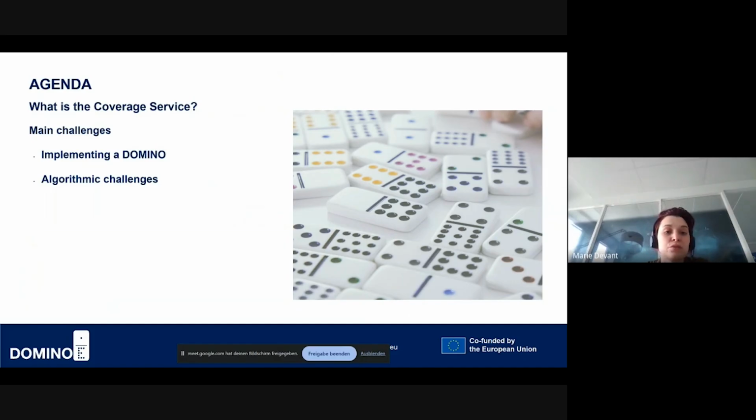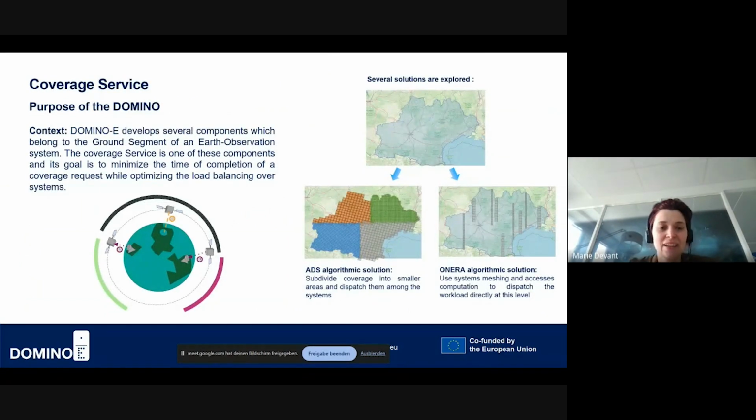So we are going to introduce you to the coverage service application and explain what the main challenges were during the development of the application, but also during the algorithmic solution development. So next slide, please. To reintroduce you a bit to what the coverage service application does: it's part of the Domino architecture.